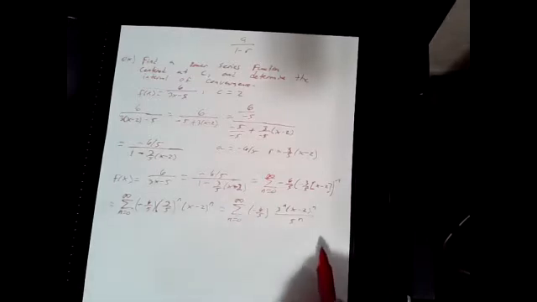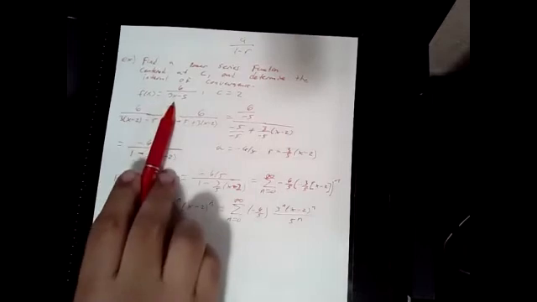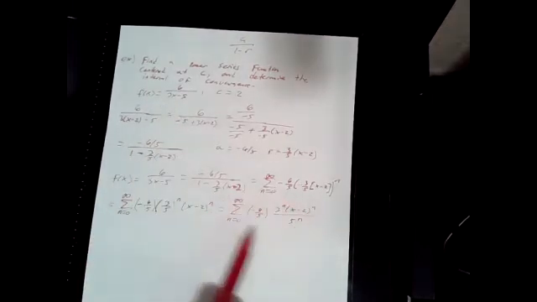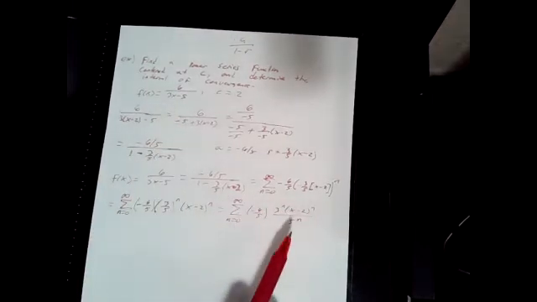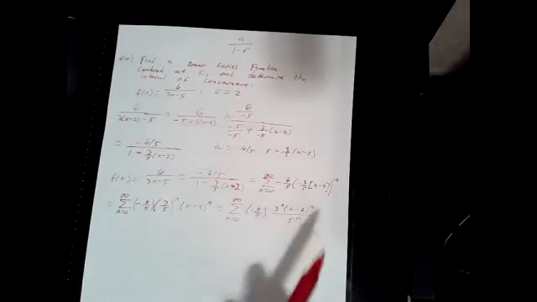So this is the power series representation of f. Now we go back to the last few sections and decide, okay, where does this converge? Where does it diverge? And we know that geometric says r must be less than 1.